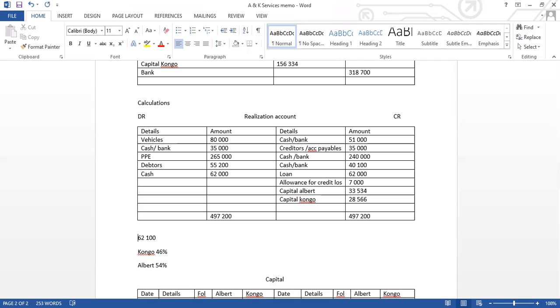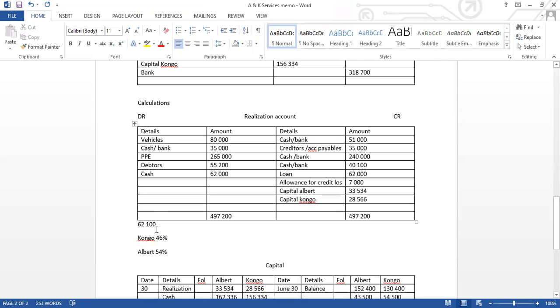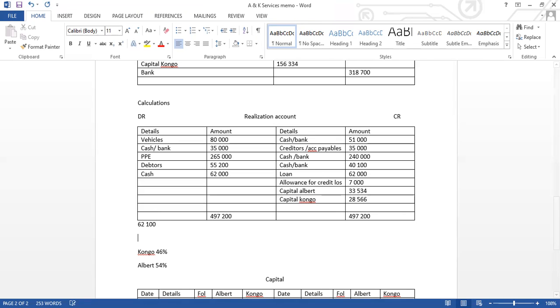Are we together? So in other words, you will need to calculate or find their profit sharing ratios based on their capital balances.